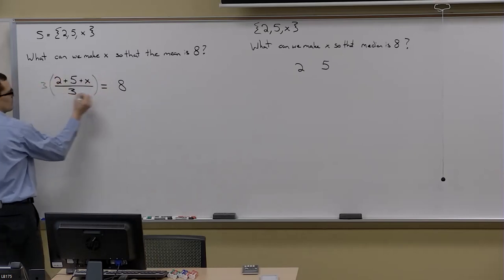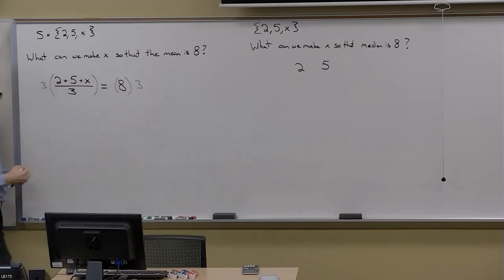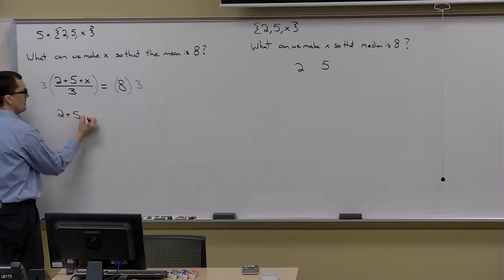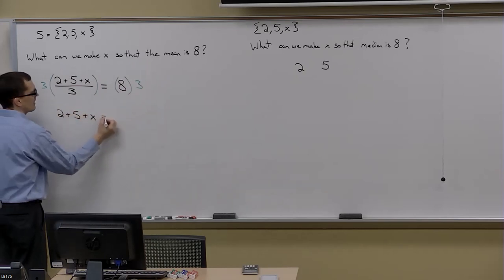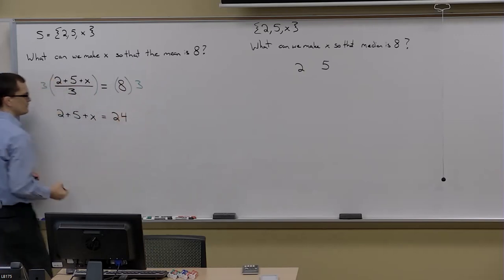This time I just won't write it. I'm going to multiply both sides by the 3. That'll cancel out this denominator on the left. I'll get 2 plus 5 plus x is equal to 24.